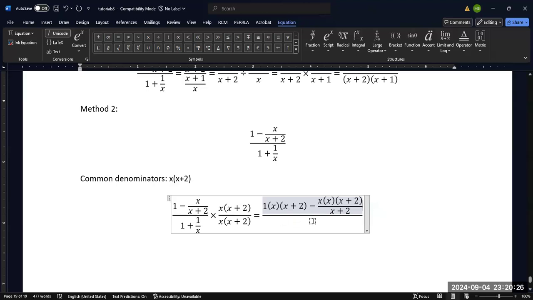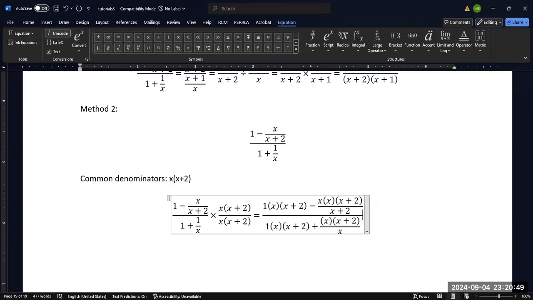And then in the denominator, I'm going to do the same thing. 1 times x plus 2 plus 1 over x plus 2 over x, because 1 times x, etc., is just itself.